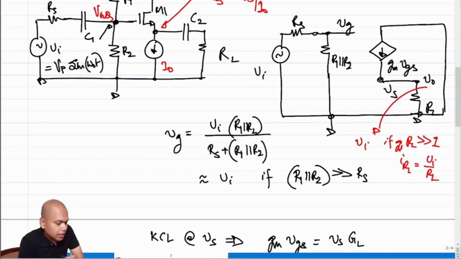Very often you will see that in case of a voltage buffer, we make the approximation that the incremental current through the transistor is Vi over RL without getting into all the details of whether it is Gm times Vi by 1 plus GmRL. You will get some amount of detail through that, but very quickly, in order to develop intuition, you can assume that under the condition that GmRL is much greater than 1, the incremental current through this source follower is Vi over RL, and this is the genesis of that argument.